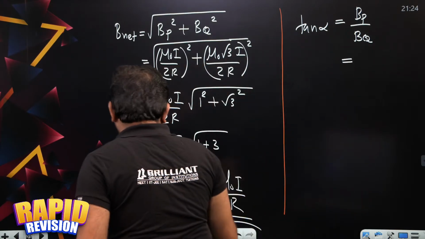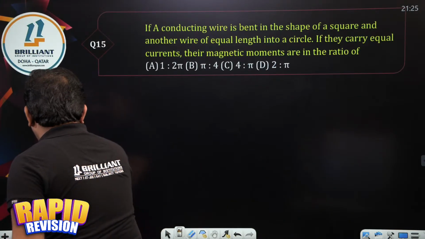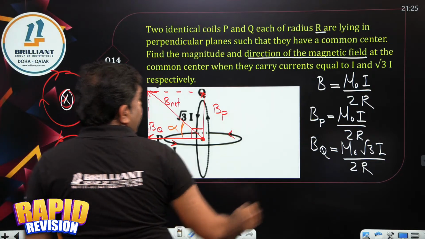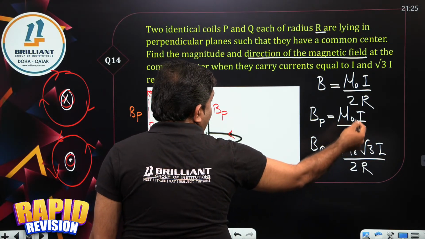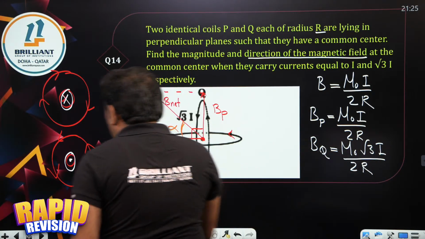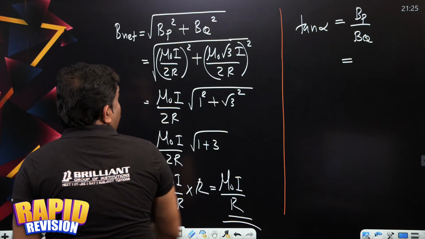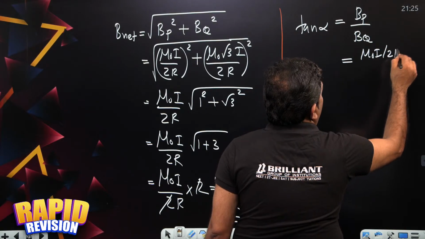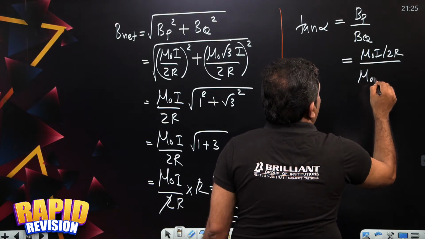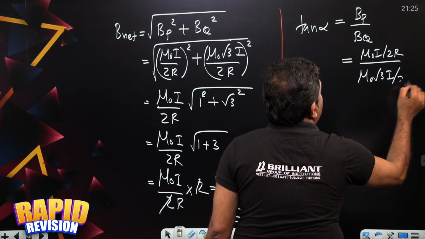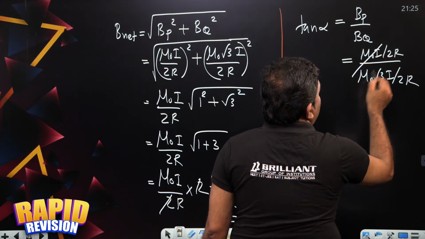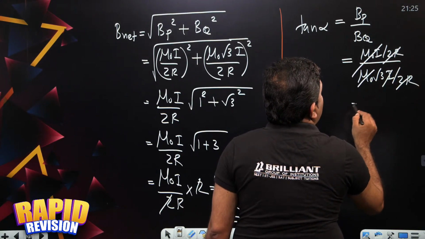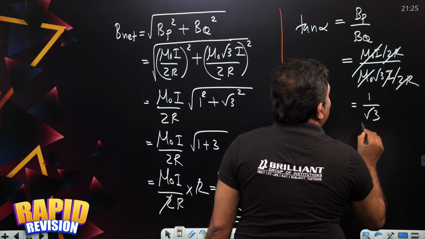For the BP value, we have mu naught I by 2R, and BQ is mu naught root 3 I by 2R. So substituting these values, mu naught I by 2R divided by mu naught root 3 I by 2R. Mu naught I cancels, 2R cancels, leaving 1 by root 3.